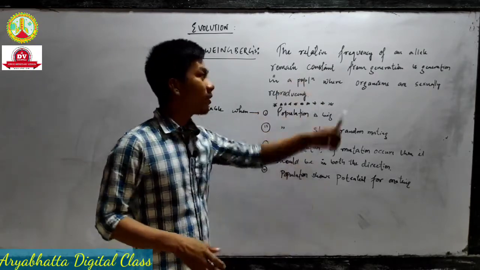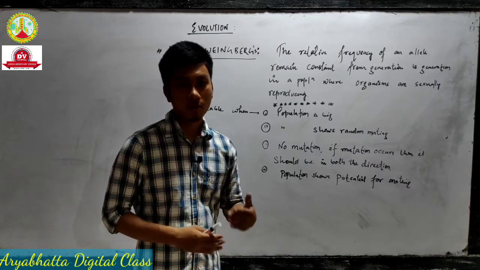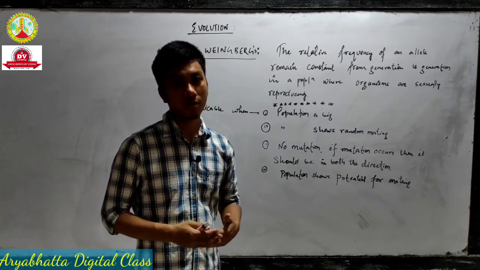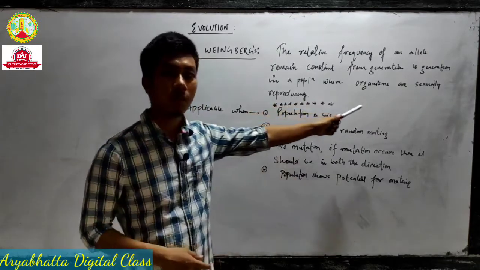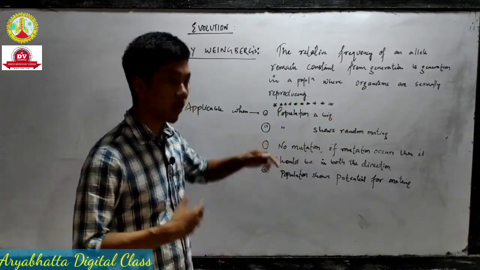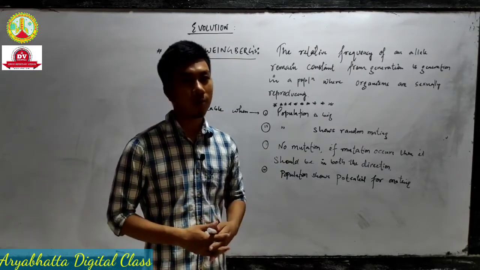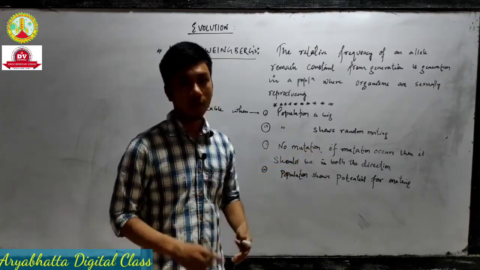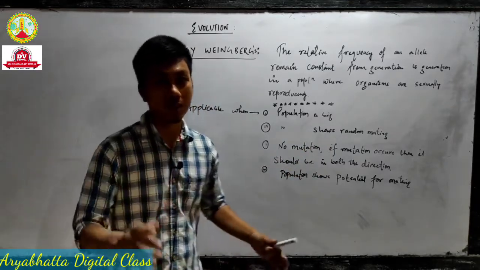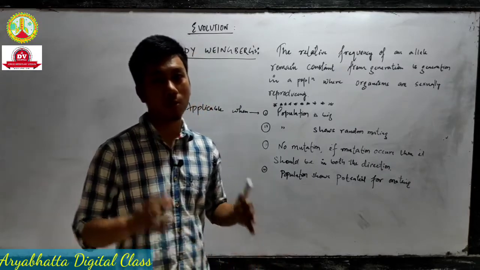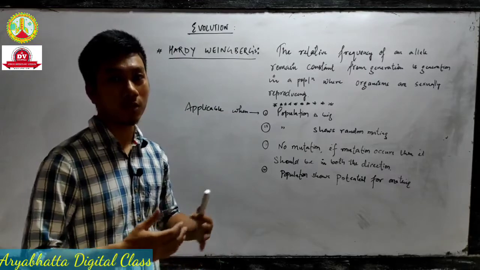The relative frequency of an allele is constant from generation to generation in a population where organisms are sexually reproducing. So it is applicable when the population is big, shows random mating, no mutation. If mutation occurs, then it should be in both directions, and the population should show a potential for reproduction or for mating.